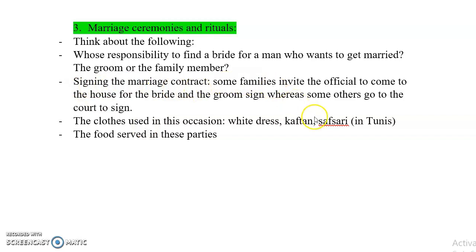Some families invite the official to come to the house for the bride and the groom to sign, whereas some others go to the court to sign. And beside that, we have many practices regarding عقد الزواج. Some people try to have كتب الكتاب through the engagement, and some through the wedding party. We have to think about the clothes on some occasions and the food served there.